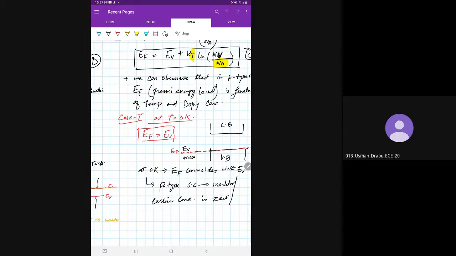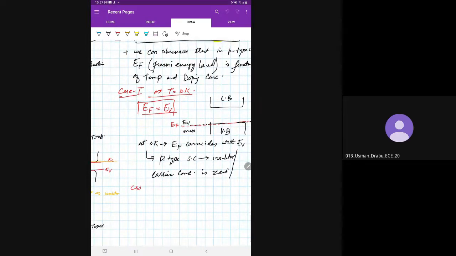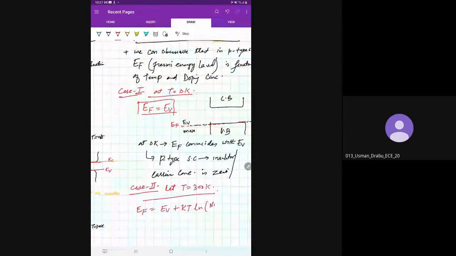Now see, the second case would be when the temperature is greater than 0. Say for example, the temperature is 300 Kelvin. What will happen then? EF will be equal to EV plus KT ln of NV by NA, where T is 300 Kelvin.